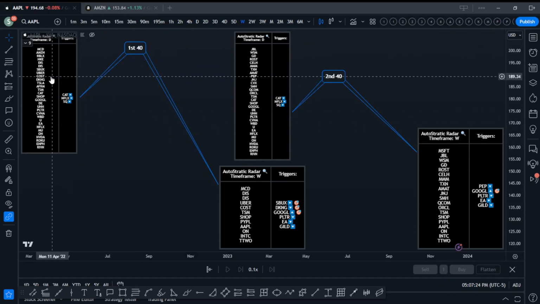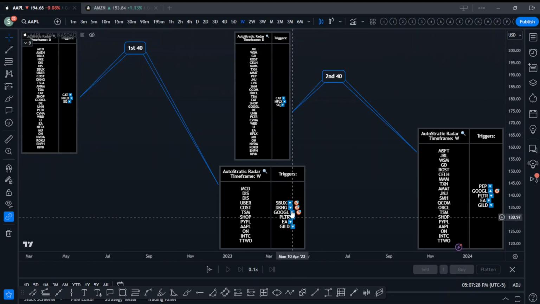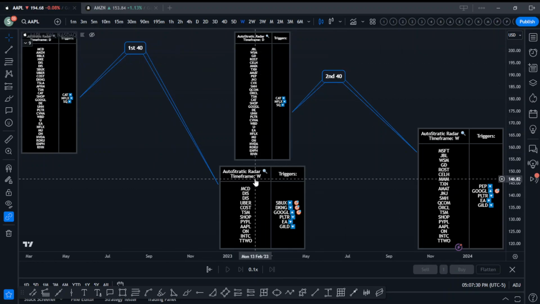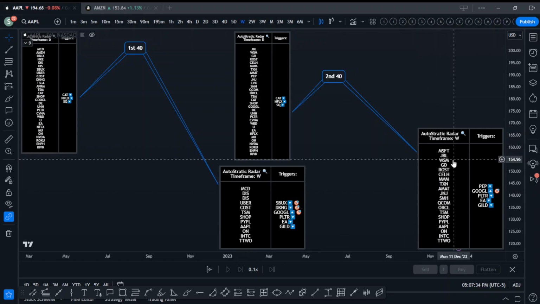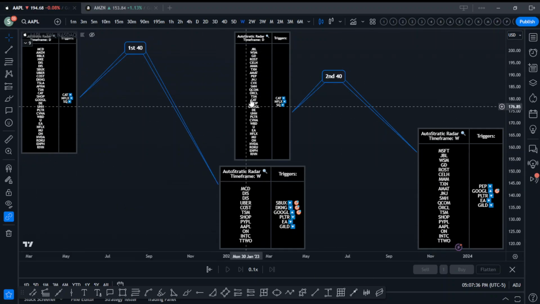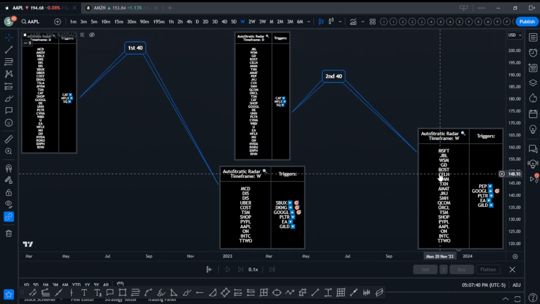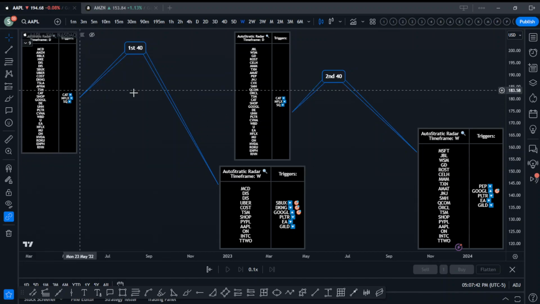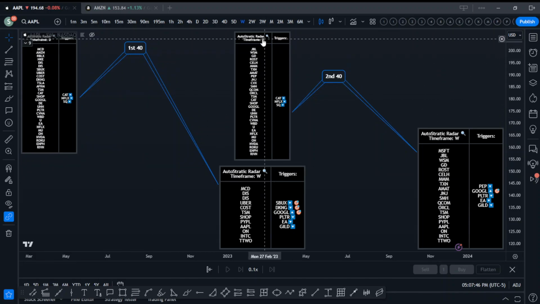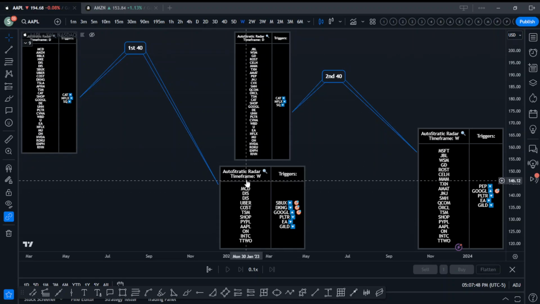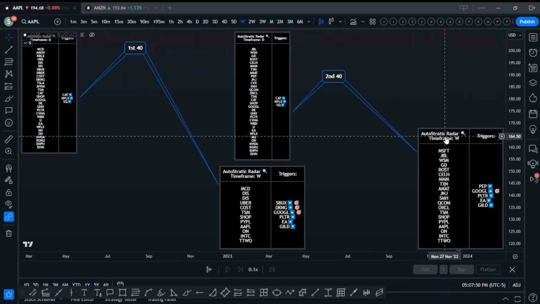So this is the first 40 and the second 40 of the day, and down here is the first 40 of the week and the second 40 of the week, so it's 80 total. I'm using multiple indicators to tell me what's going on the day, and then duplicating those to tell me what's going on the week.